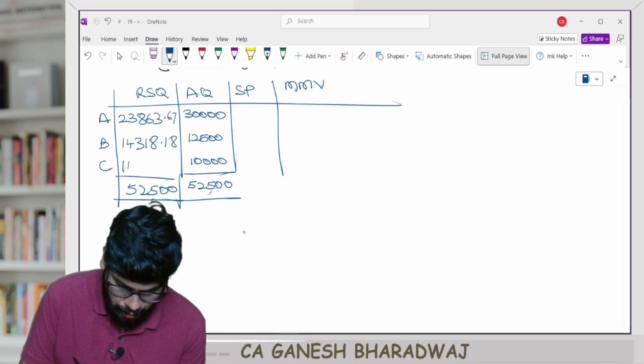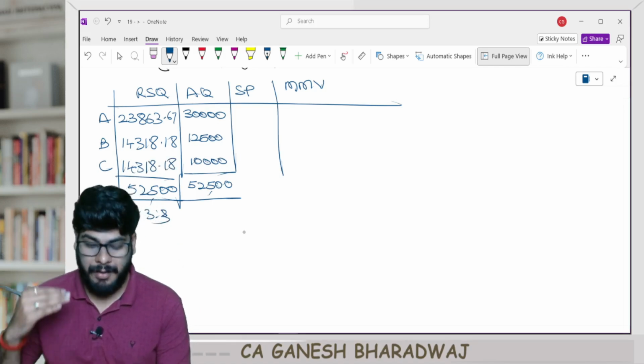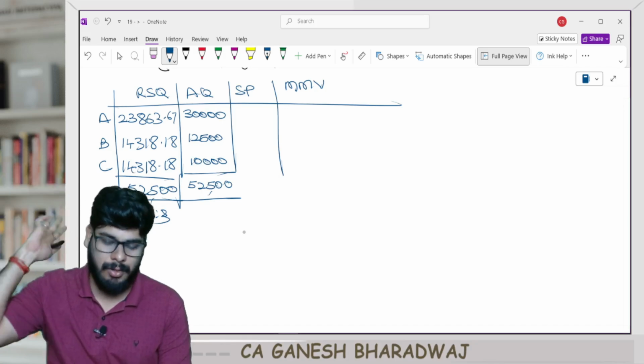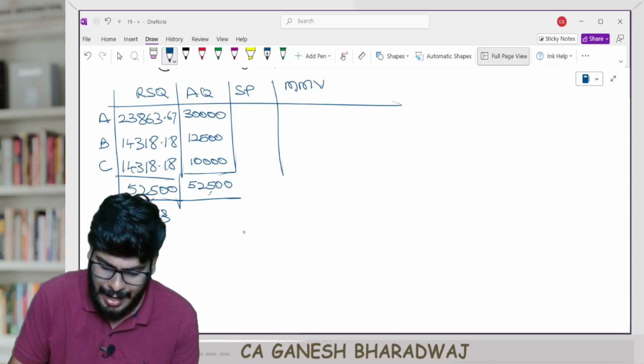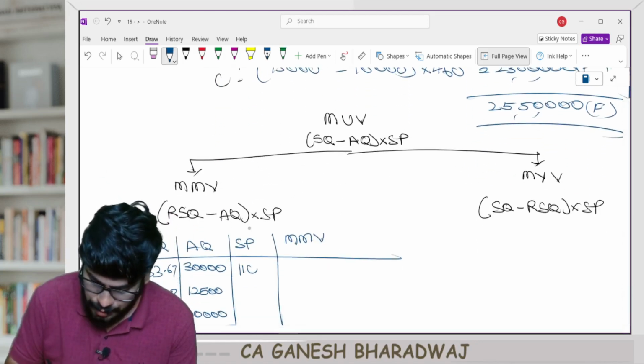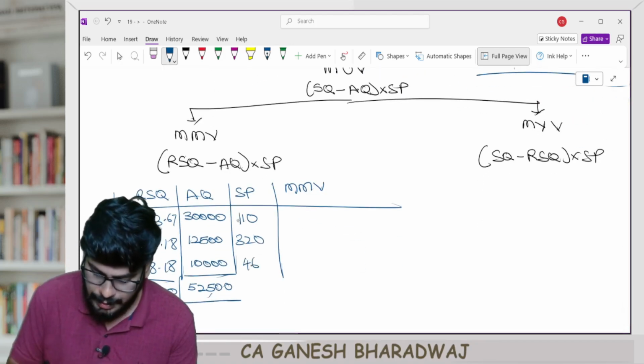Similarly, here it's going to be 14,318.18. So what we are doing is distributing the actual quantity in the standard mix. Are you clear with this? And then the standard price is already given in the question as 110, then 320, and then 460.